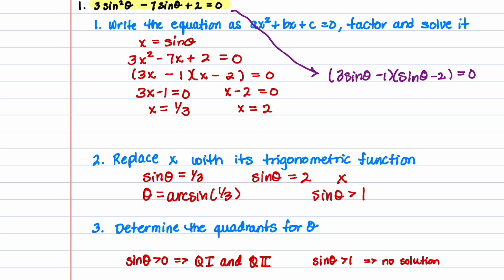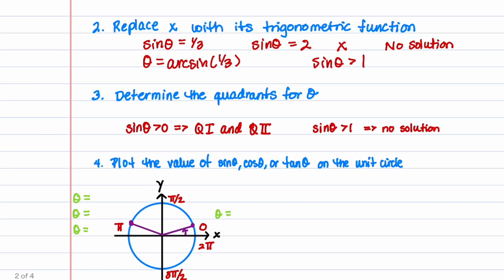And sine theta can never be greater than 1, so we're going to have no solution for this equation. When sine theta is 1/3, it's positive, so theta is going to be in quadrants 1 and 2. And as I mentioned above, because sine theta is greater than 1, we're going to have no solution.